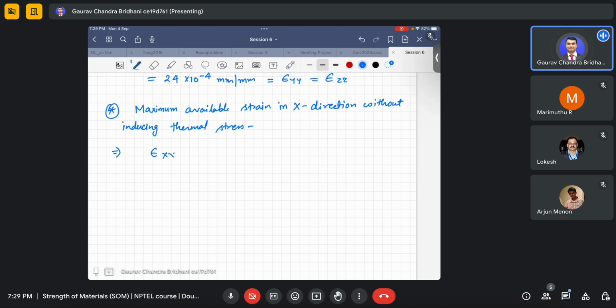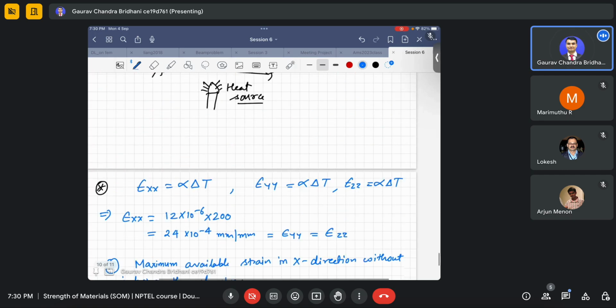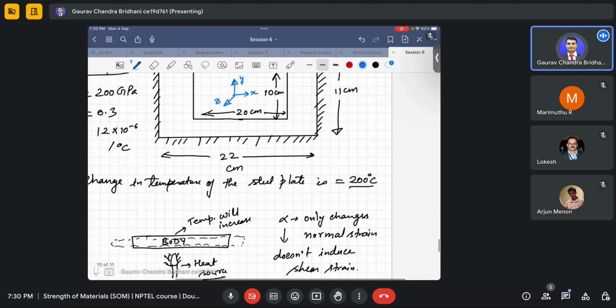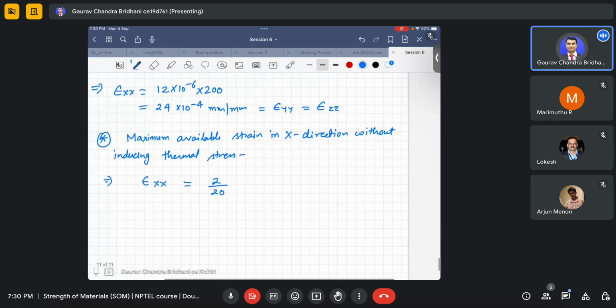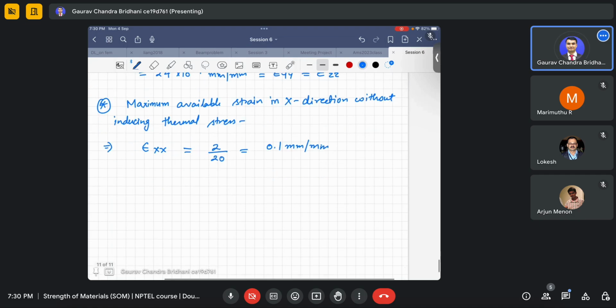We will say epsilon xx will be, I think 2 mm is the difference. So 2 divided by 20, yeah, 2 divided by 20, that is 0.1 mm per mm. And similarly we can find in yy, it will be 1 divided by 10, and that will also be 0.1 mm per mm. How I wrote 2 and 1, you know, is that I found the change in it.